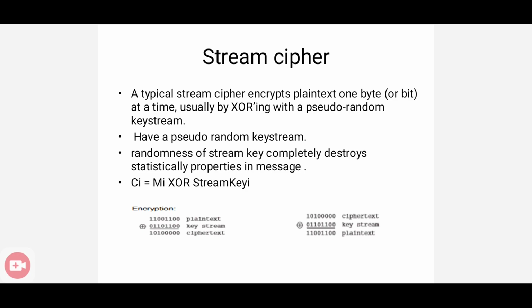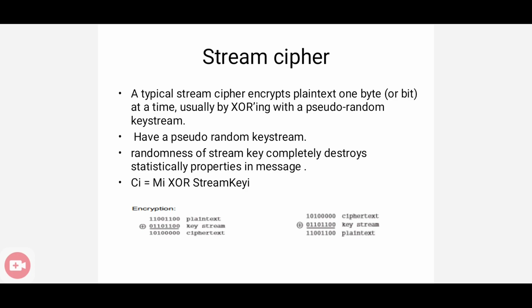Here we have a plain text or message M. We take one byte or bit at a time, then XOR it with a stream key generated by the pseudo random number generator. By performing this XOR operation, we get the cipher text.